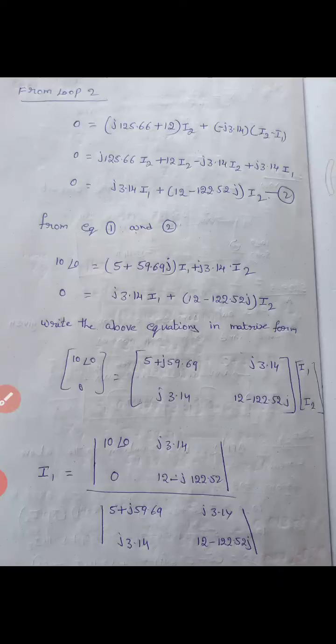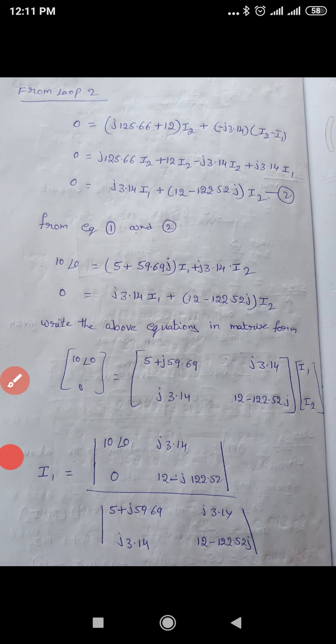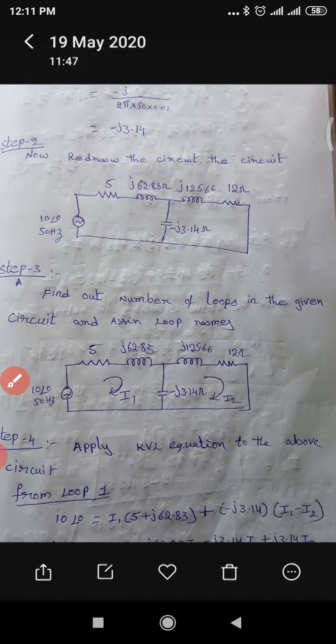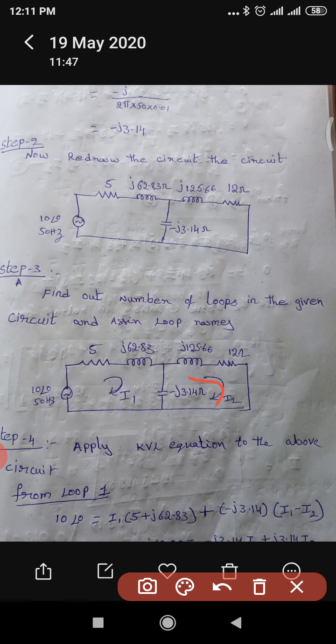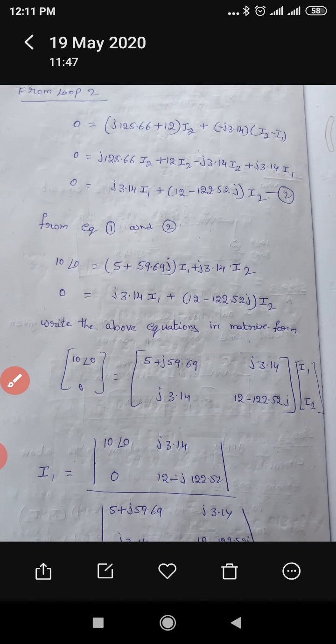Now apply the loop equation for the second loop. Here is loop 2: 0 is equal to (j125.66 + 12) into I2 - j3.14 into (I2 - I1).